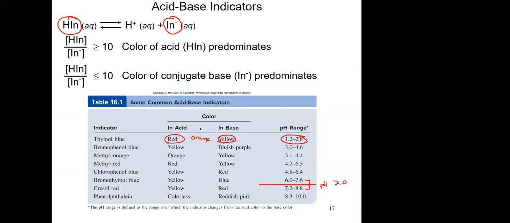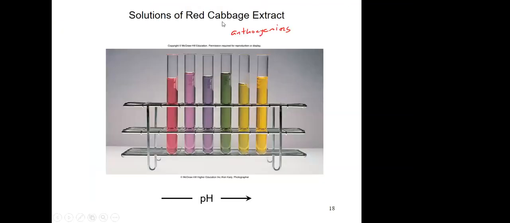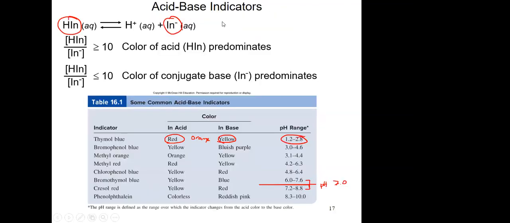The cresol red and the bromthymol blue. So in the exam, you can be asked that question, but they will give you the pH range because you don't need to memorize them. So around pH 7, we might use bromthymol blue and cresol red.